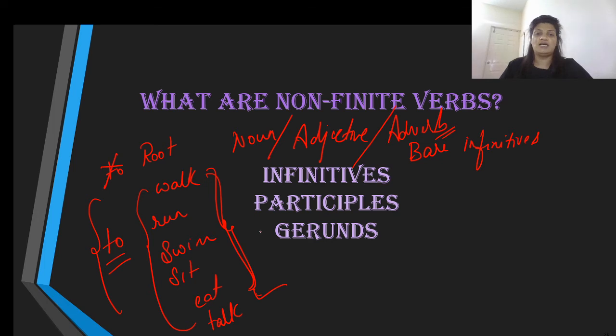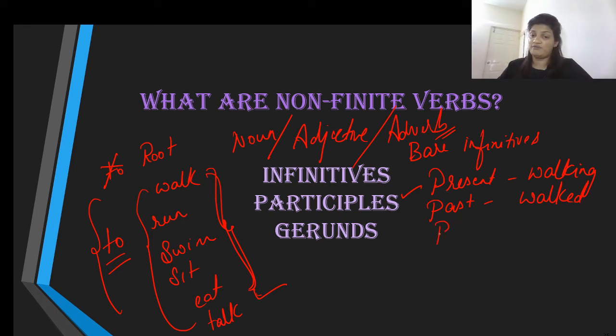All right. Now let us go on to participles. What are participles? A participle is a word that functions like an adjective in a statement. Now there are three types of participles. One is the present participle, which is, let us say, walking. And when you take the past participle, walking becomes walked.